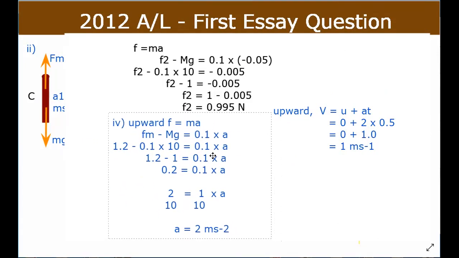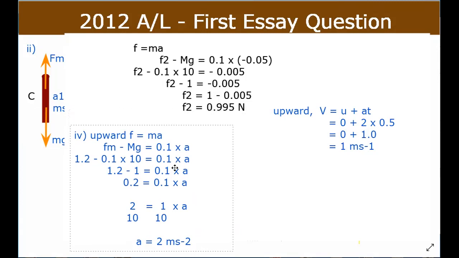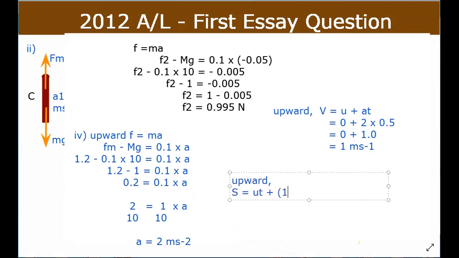S equals UT plus half AT square. Yes, very good. So let us apply along the upward direction, S equals UT plus half AT square. Can you do the rest and find the displacement? Send your answers to my Zoom chat. Start.